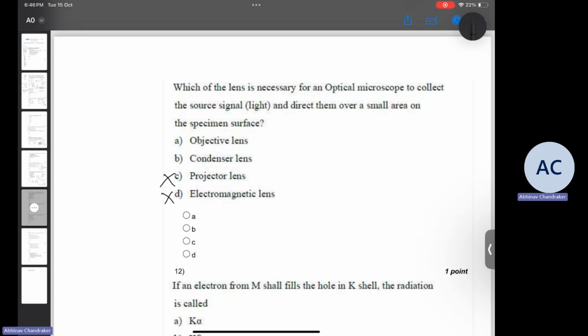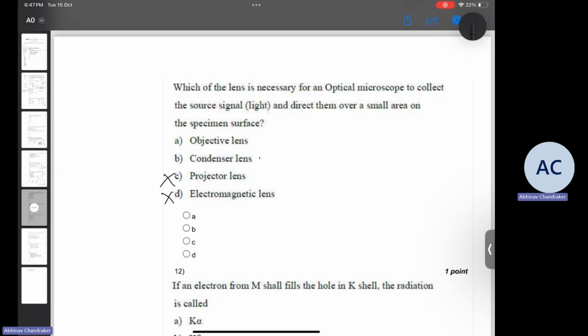Then condenser lenses are used to converge the light which is coming from the source, so that it can later be used for illuminating the sample and doing the imaging.